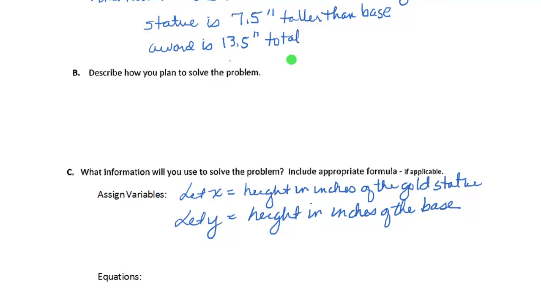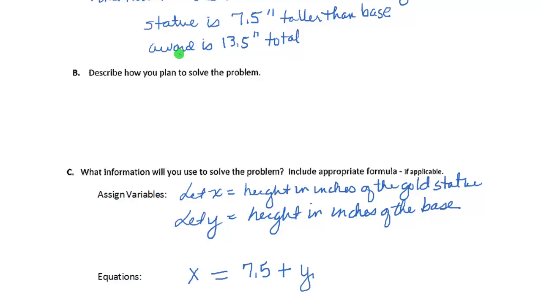Well, we know that the statue is 7.5 inches taller than the base. So the gold statue, which is x, that's the bigger number. So x equals 7.5 inches added to the height of the base, and that's our y, isn't it? So that's one equation.